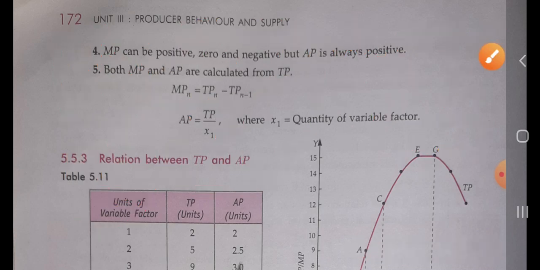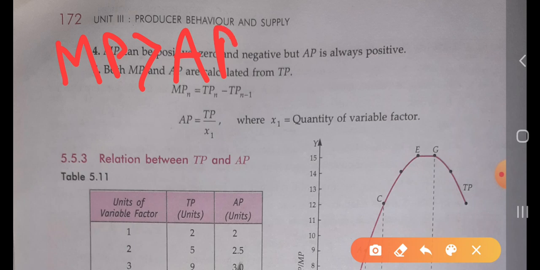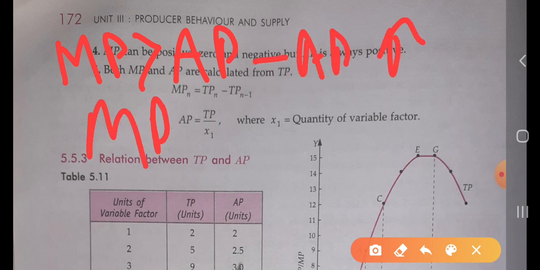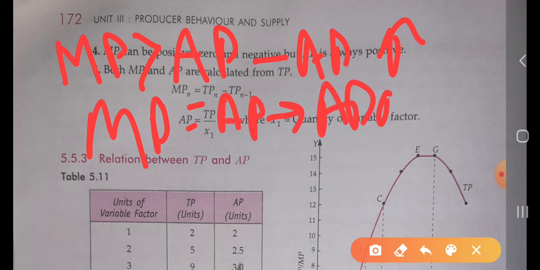In the relation between MP and AP, what we have studied is that if MP is more than AP, AP rises. When MP equals AP, AP is maximum and constant.